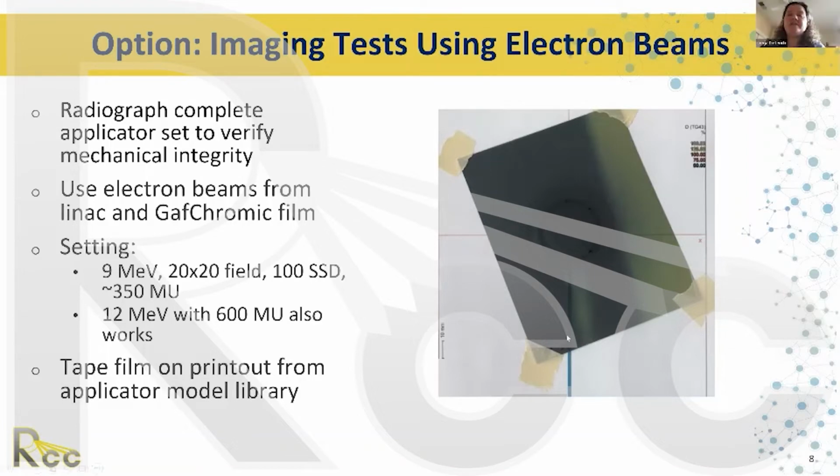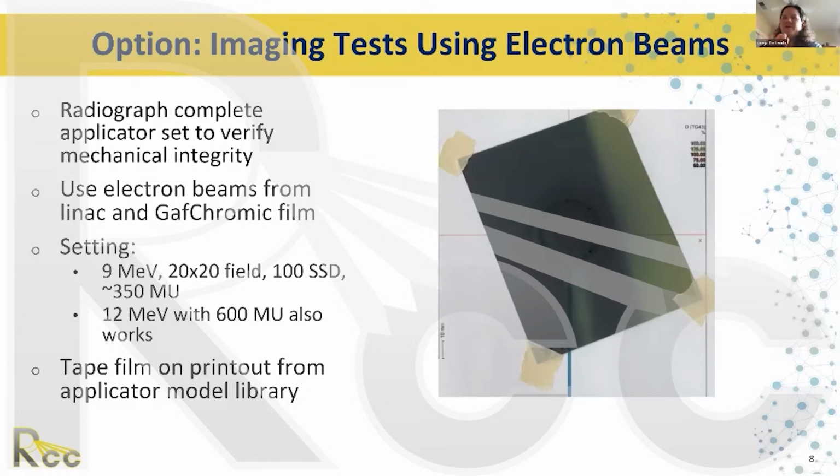So two settings that seem to work are 9 MV, 20 by 20 field, 100 SSD, and 350 MU. That's what I use. Or 12 MeV, 20 by 20 field, 100 SSD, 600 MU also works really well. And the way we've done that, we taped the film on the printout from the applicator model library, scaled correctly.